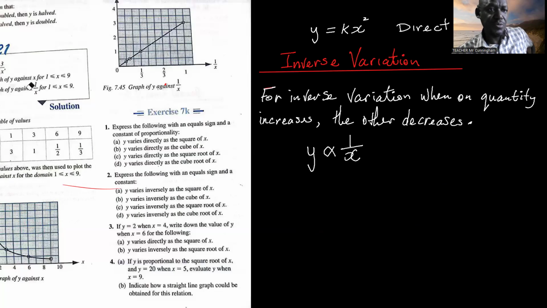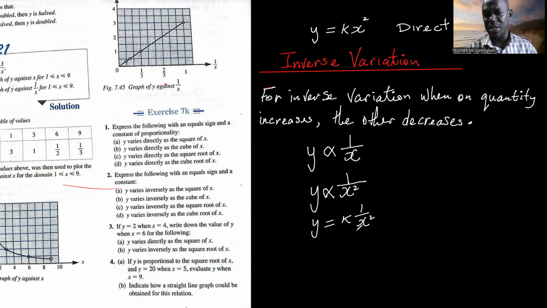So y varies inversely as the square of x. Once you're dealing with inverse, it has to go over 1. So it means that y is equal to k times 1 over x squared, or y equals k over x squared. All right?